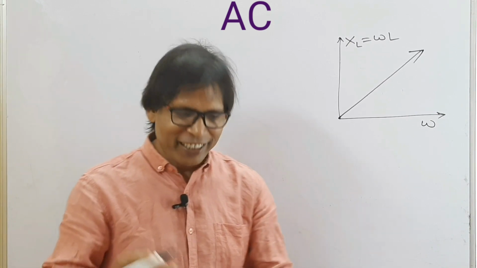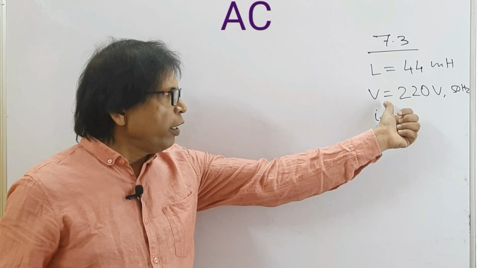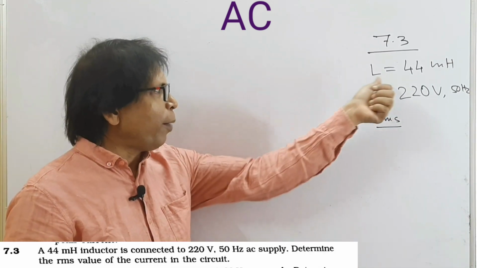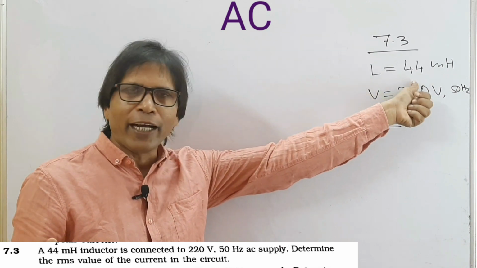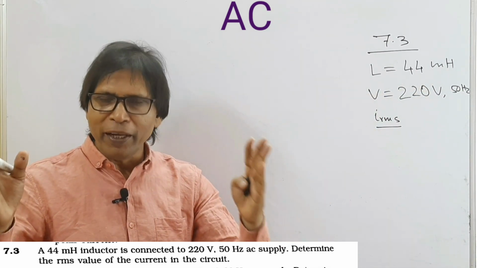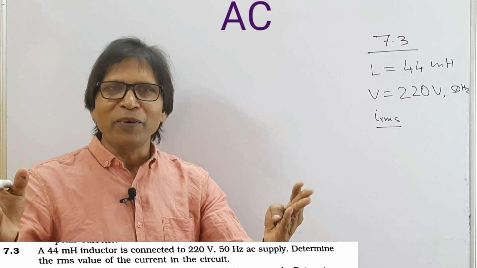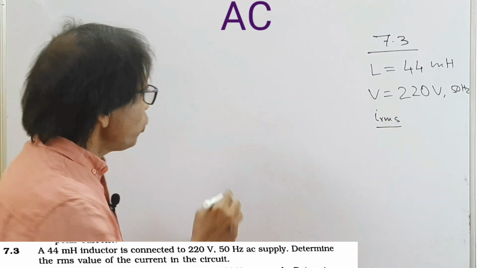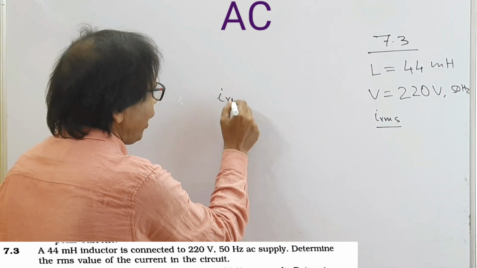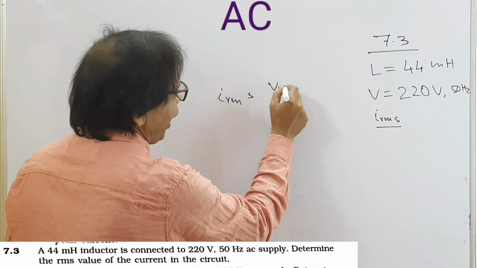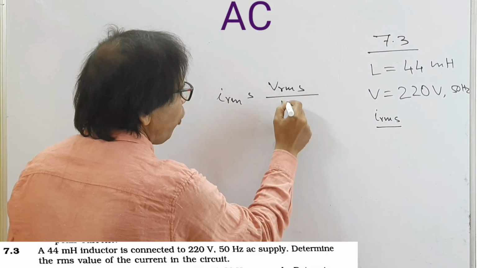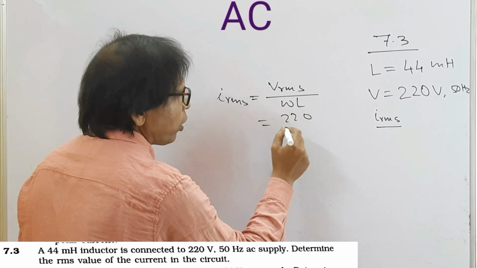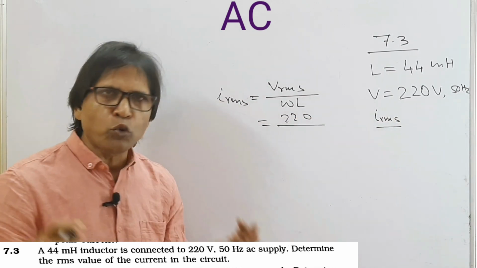Now next. 220 volt, 50 Hertz AC voltage is applied to an inductor of inductance 44 millihenry. We have to calculate the RMS current. Look at this, this is the RMS voltage. So the RMS current I RMS equals V RMS divided by omega L. This is the 220 volt and omega means 2 pi f.